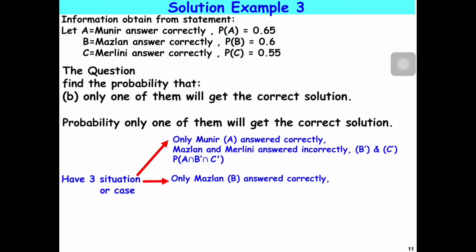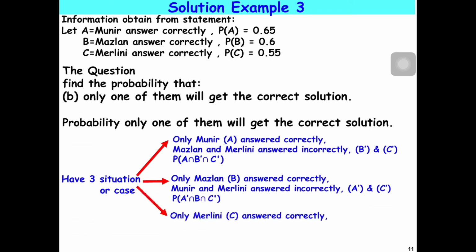And the second situation is that only Mazlan, B, answered correctly. So Munir and Marlini answered incorrectly, which are the events A complement and C complement. So the probability is A complement intersect B intersect C complement.